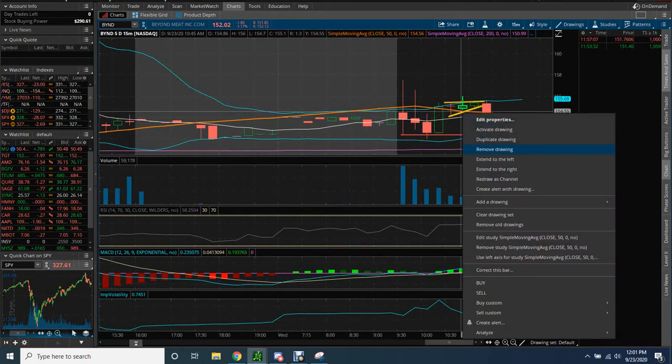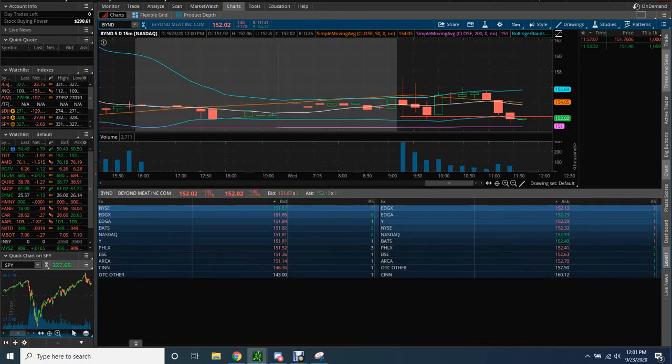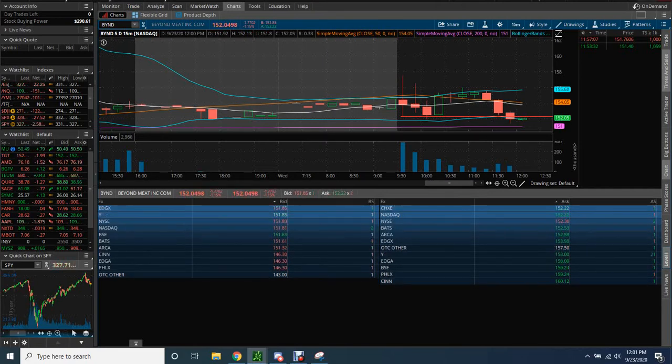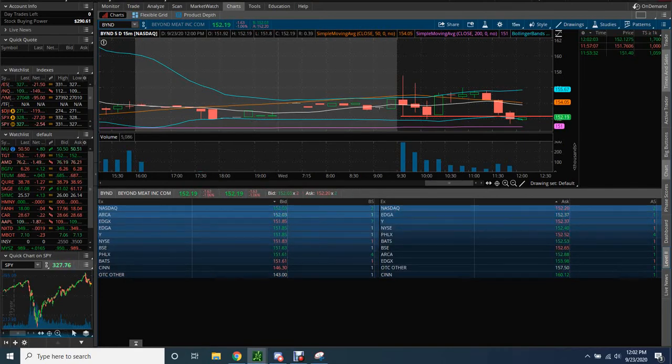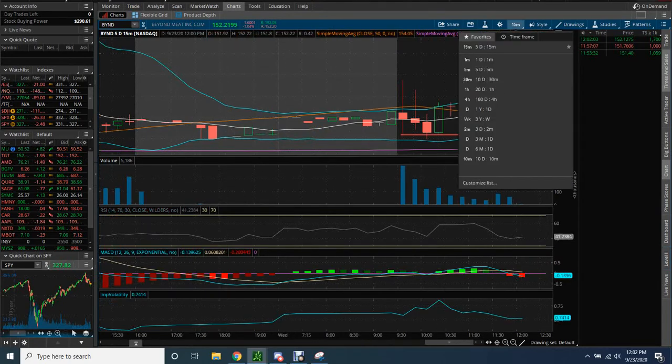Move these drawings. Let's check out the level 2. Looks like it wants to go lower. Let's see what happens. It's trying to get a little movement. Go back down to the 2 minute.